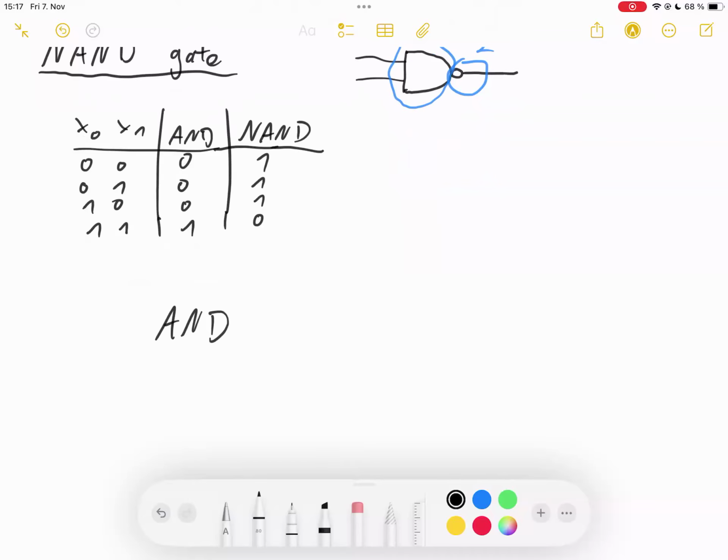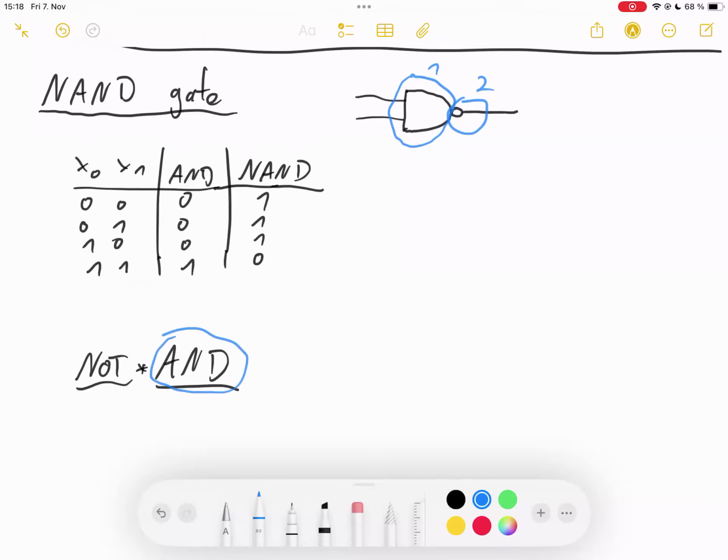Because I have an AND gate, and we've seen how we represented dynamics in evolved systems. We said we have first one operation, one matrix, and then another one. And the other one comes to the left. That's what we saw from the dynamics. So we multiply these matrices. First the AND.